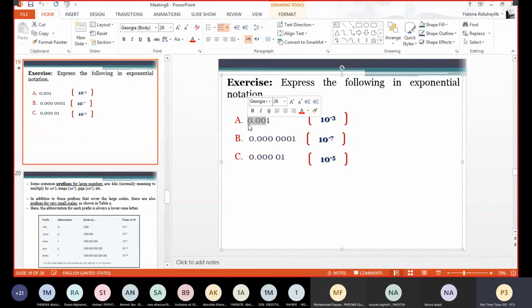So here we have 3 digits, so it will become -3 as it is a smaller number. And also here, we have 1 with 1, 2, 3, 4, 5, 6, 7 zeros before the 1. So it will become the power of 7, but with negative value. We have here 1 with 1, 2, 3, 4, 5 zeros before the 1. So it will become 10 with -5 as power.